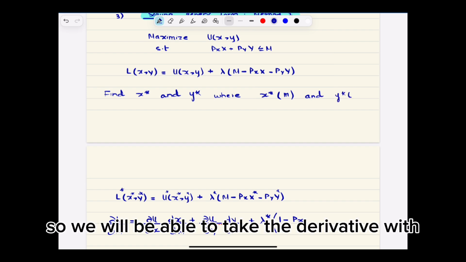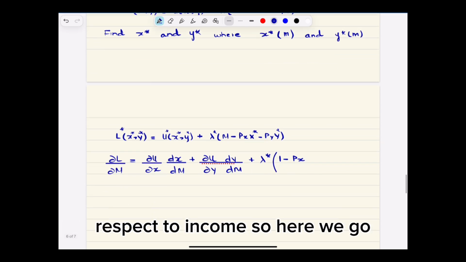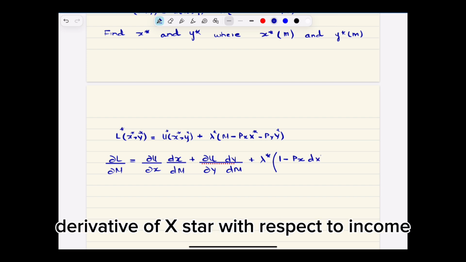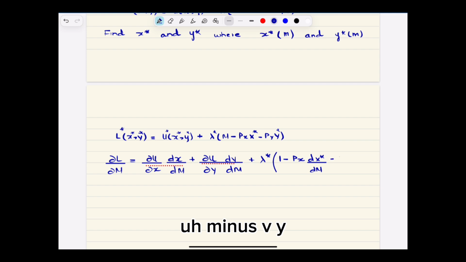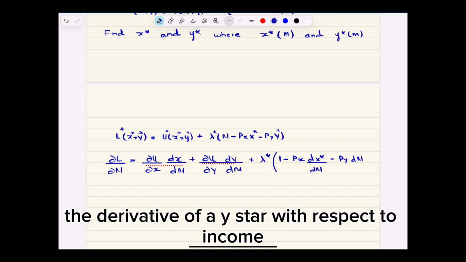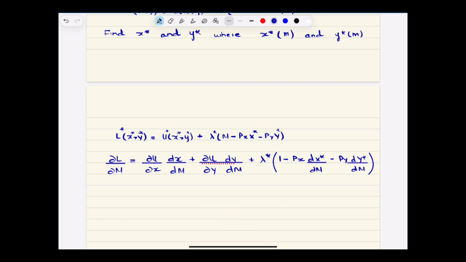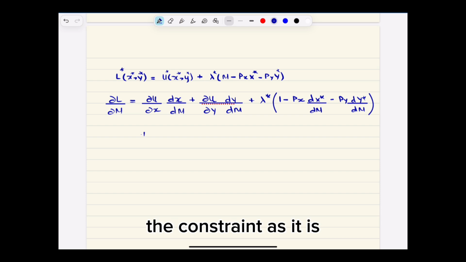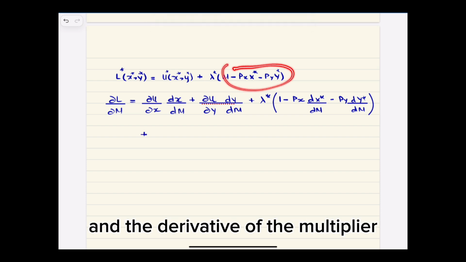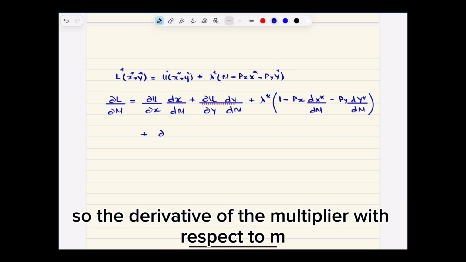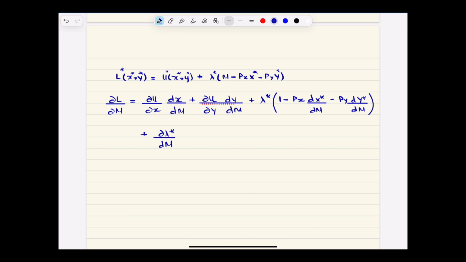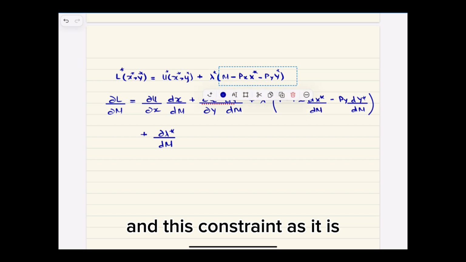So we will be able to take the derivative with respect to income. So here we go, derivative of X star with respect to income minus P_y times the derivative of Y star with respect to income, and then the constraint as it is, and the derivative of the multiplier. So the derivative of the multiplier with respect to M, and this constraint as it is.